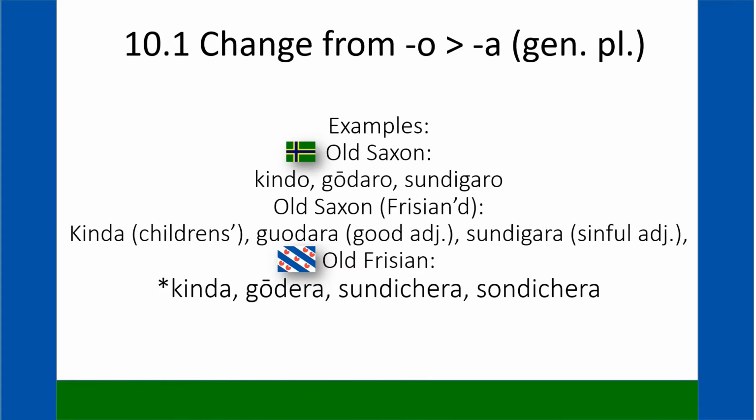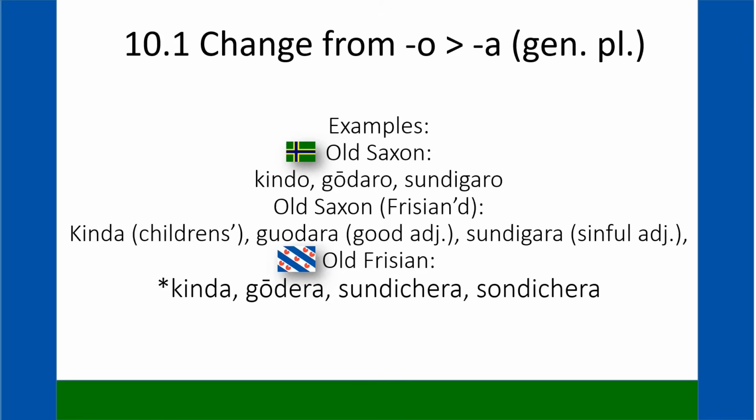As for the 10th change due to Frisian influence, this will be in a few parts. So we have from final O to final A. In this case, we're specifically talking about the genitive plural. We have here kindo, godaro, sundikaro. And with the Frisianized Old Saxon, we have kinda, guodara, and sundikara.